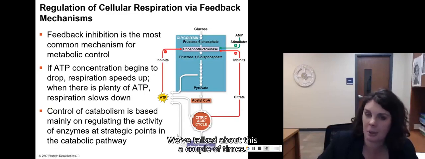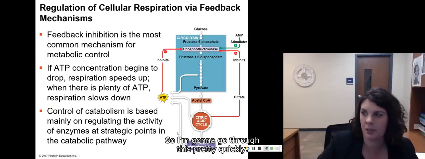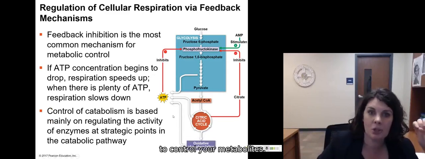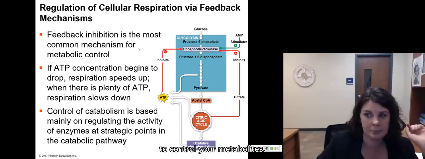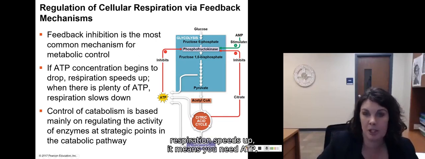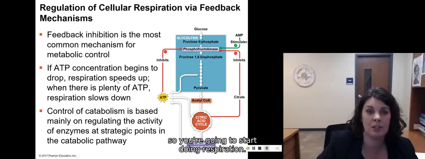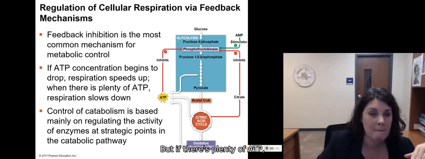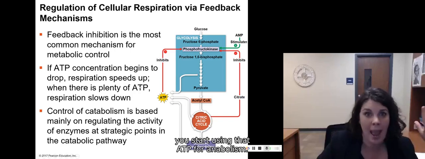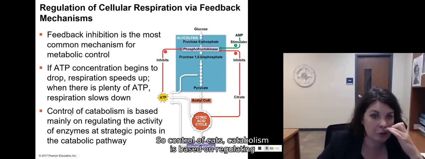And then feedback inhibition, we've talked about this a couple of times, so I'm going to go through this pretty quickly. Feedback inhibition is the most common mechanism to control your metabolites. If ATP concentrations start to drop, respiration speeds up. It means you need ATP, so you're going to start doing respiration. But if there's plenty of ATP, respiration slows down, and you start using that ATP for anabolism.